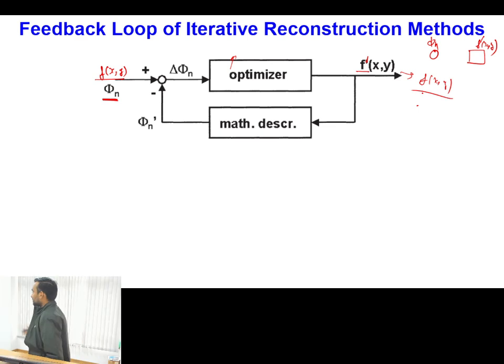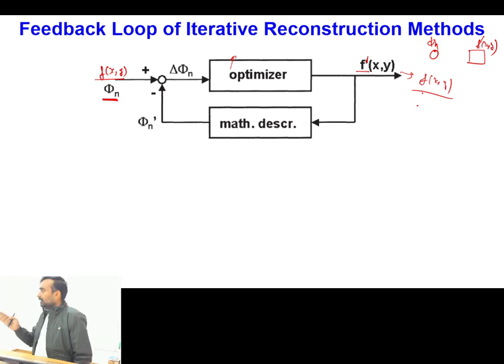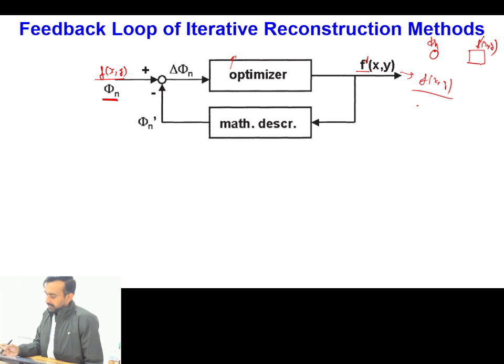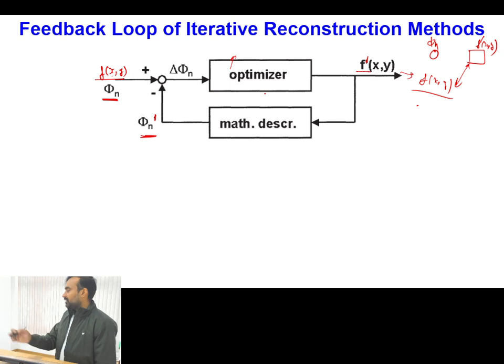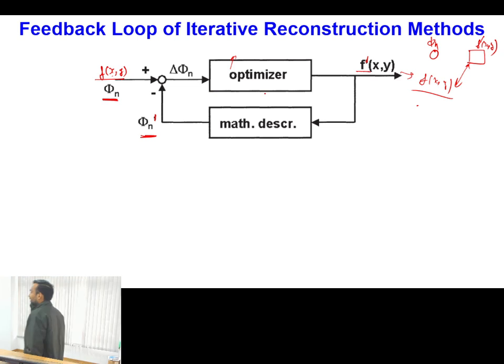Now I can check whether this f dash xy is identical to f of xy. How can I check? Say if I have some other reference photograph of the cross section for which I have taken this data. So if I have the reference photograph for the simultaneous measurement, then I can make this correlation, and if this signal and this signal are significantly different, then I can define some correction factor, and then with the help of some control algorithm I can keep on revising my output.